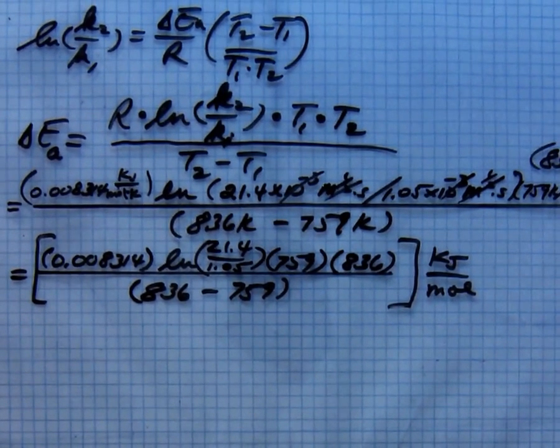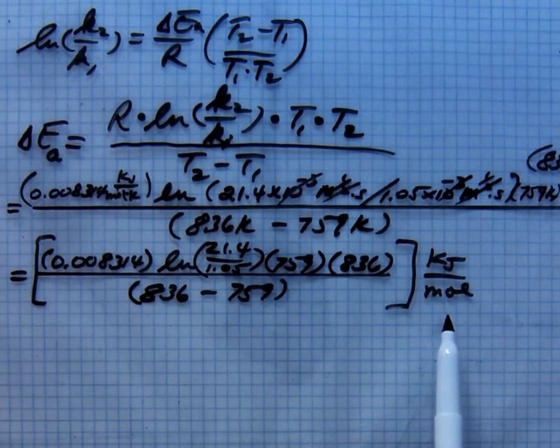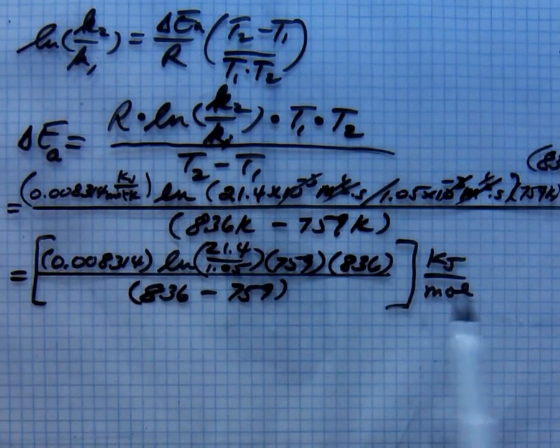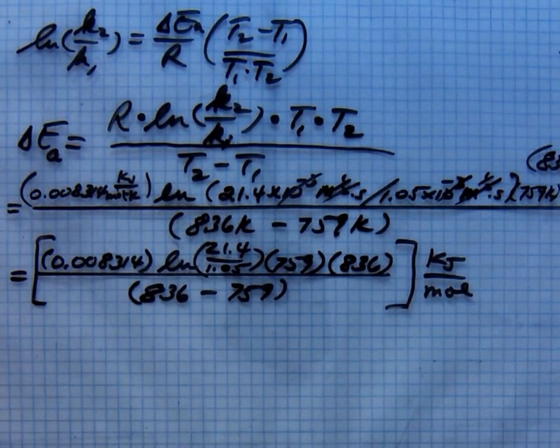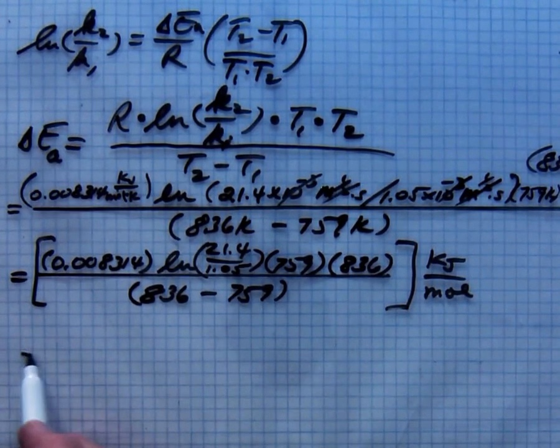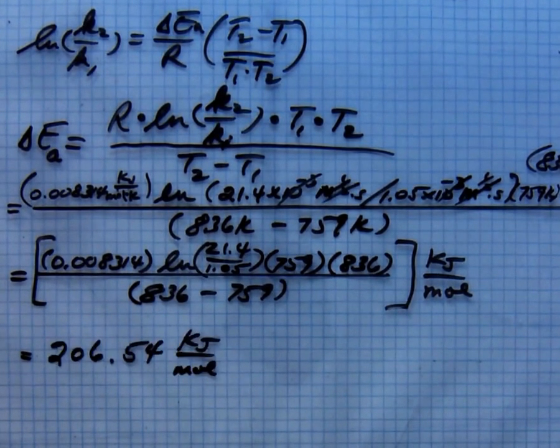Now, extracting all the units associated with the various data, and knowing that the result is going to come out in kilojoules per mole, I can reduce the computation to something a little more user-friendly, and so we substitute into the calculator to generate the final activation energy.